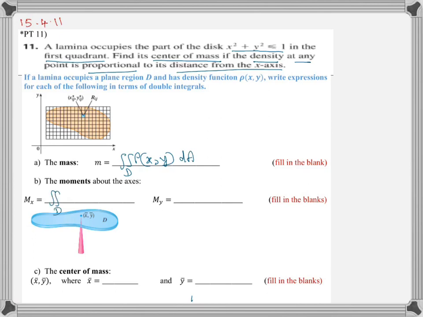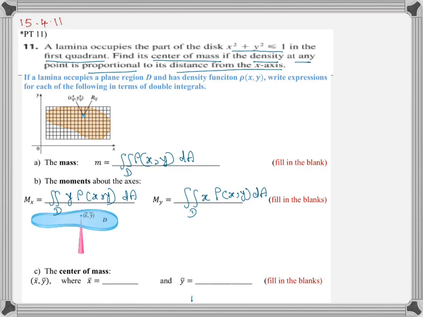The moment about the x-axis, M sub x, is the double integral over D of y times rho of (x, y) dA. And M sub y, the moment about the y-axis, is the double integral over D of x times rho of (x, y) dA.